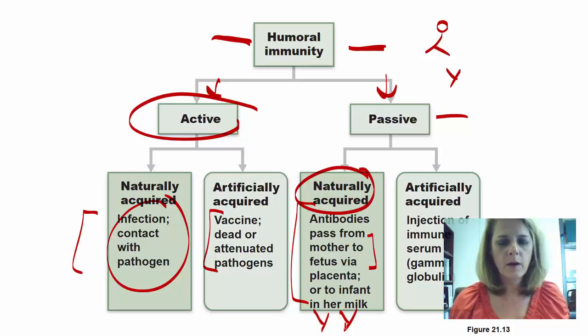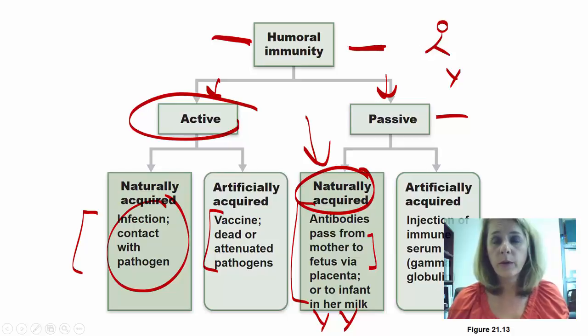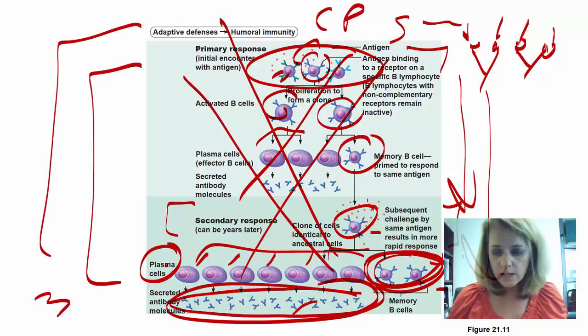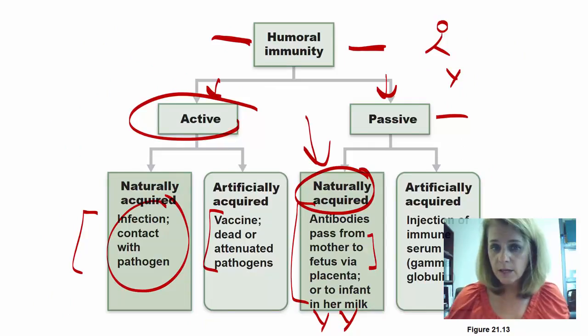That's one of the reasons it's really great to breastfeed if you can, because it's like giving your child the very first vaccine. They haven't had a chance to mount that immune response or go through this whole process yet. So you're giving them a booster, giving them the antibodies right off the bat to help protect them until their own system starts to produce all of these antibodies themselves.